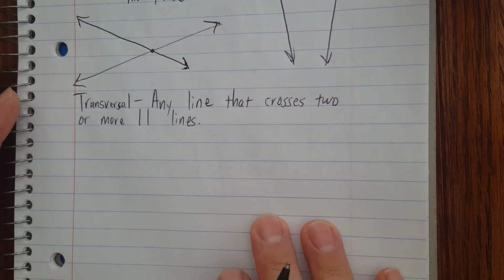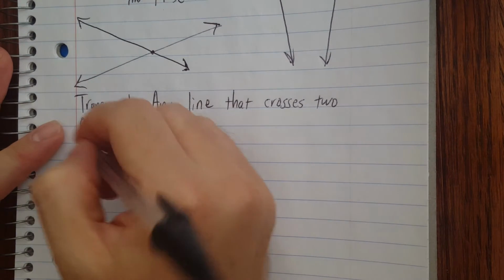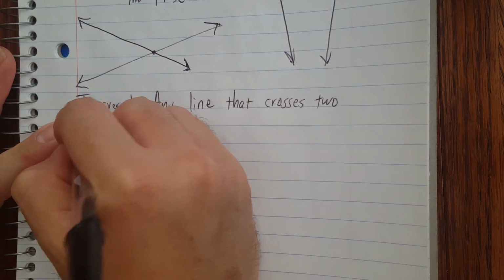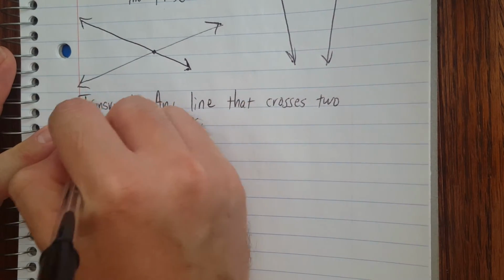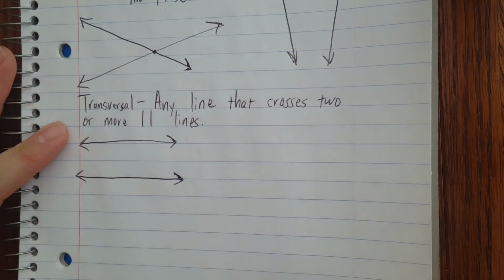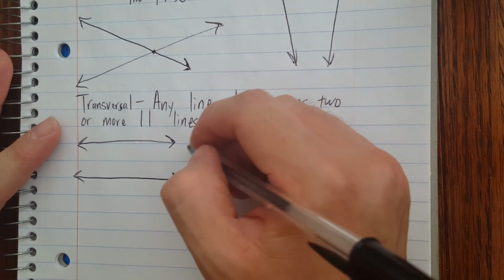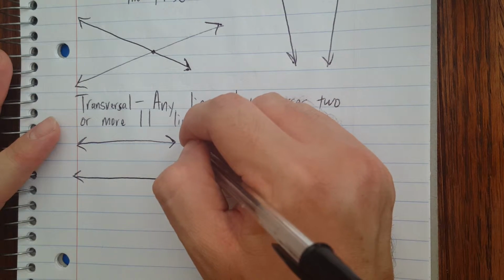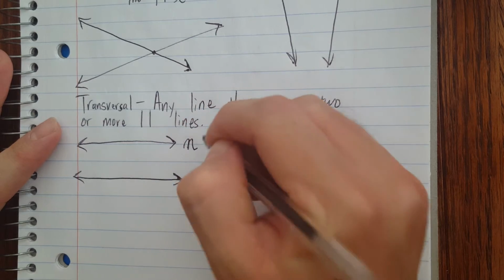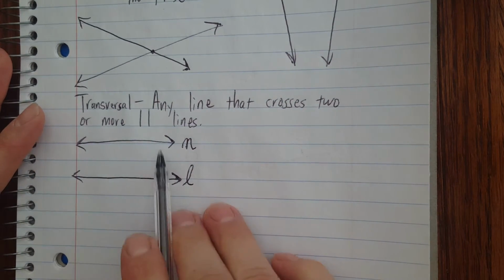So to end this video, I want to show you what a transversal would be. So here, let's just say we've got a couple of parallel lines. Oh gosh, I cannot draw. I'm so sorry. This is really bad. You can label these lines if you want. There's a couple different ways we could do this. We could call this, say, line N and line, say, L. And these lines are parallel.